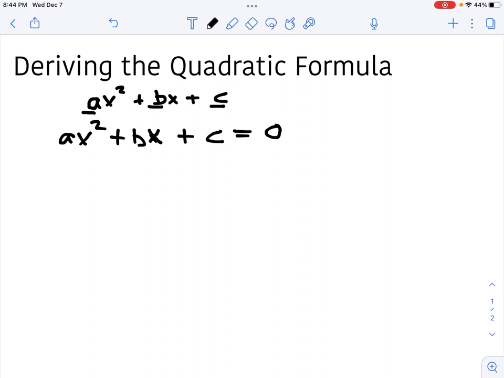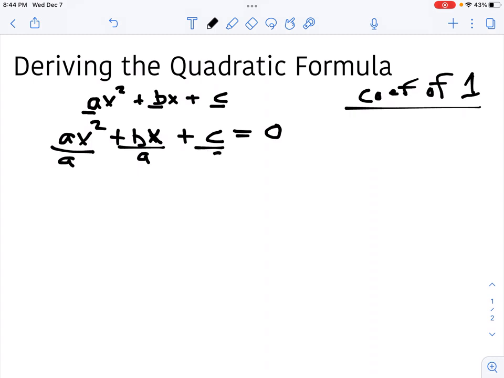Okay, so what I do know about completing the square is that your first term, your x squared term, has to have a coefficient of 1, right? And sorry, I'm using a weird stylus, so it doesn't really work very well. So in order to do that, I've got to divide by a across everything, okay?